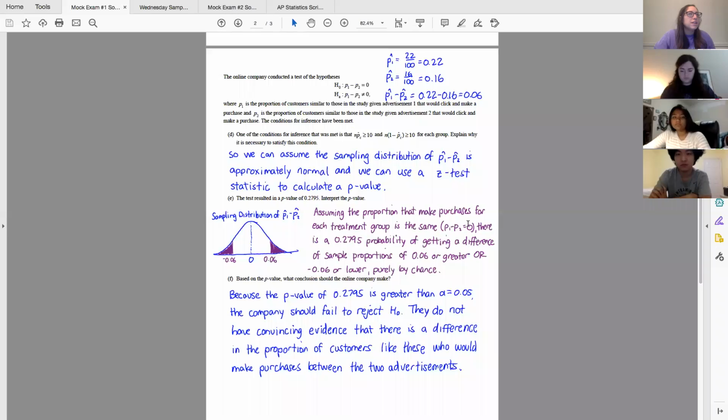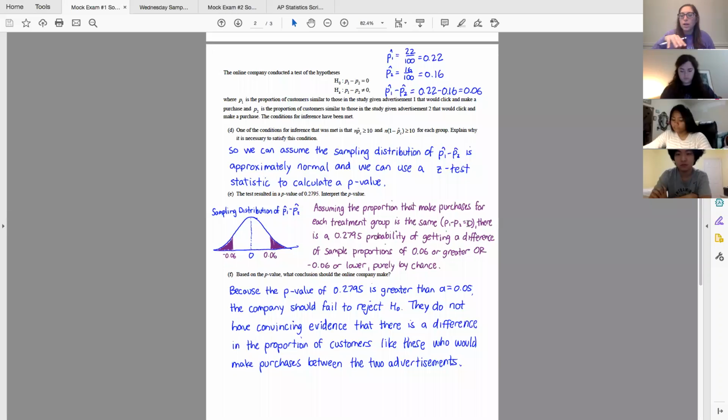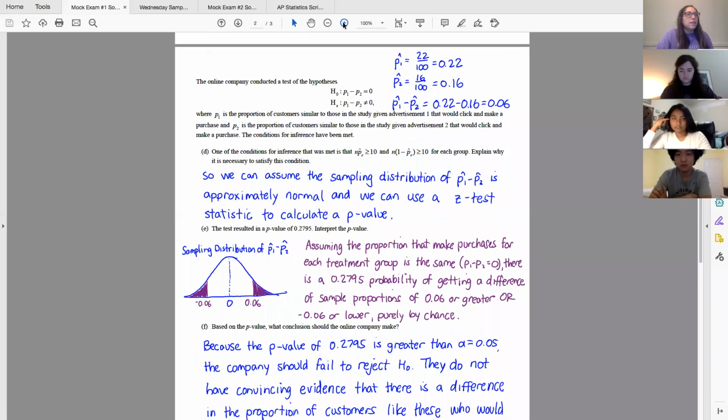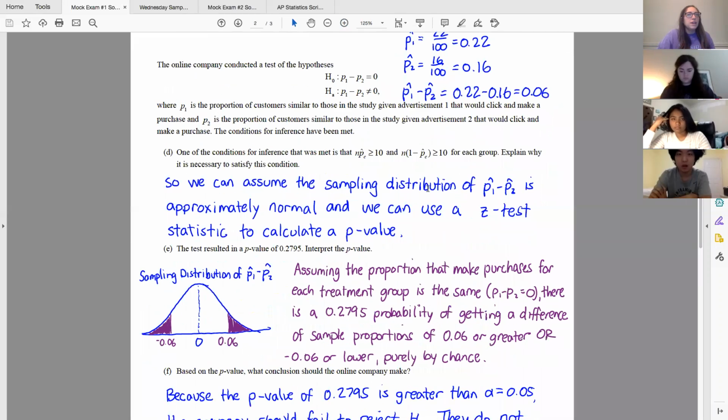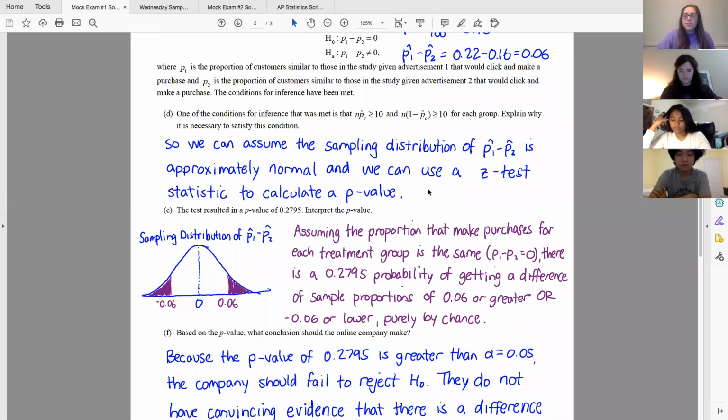Then for parts D and E, it goes into a 2-sample hypothesis test with proportions. For part D, it said one of the conditions is checking n times p hat c and n times 1 minus p hat c, which I found interesting because normally on a 2-sample test, we check n p hat 1, n p hat 2, and the 1 minus versions, so four of them.